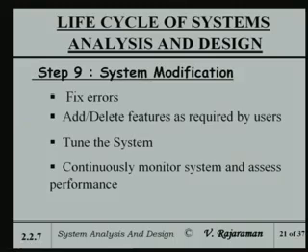Every 6 months you may have a review and have a system modification plan and modify the system, because every 6 months, as I said, the human system may change, your requirements may change a little bit. So to what extent do you want to modify, only what is running, or do I have to go back and redo everything, and so on. These things are taken up at this stage.